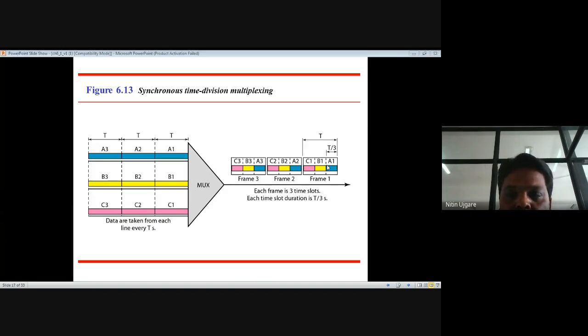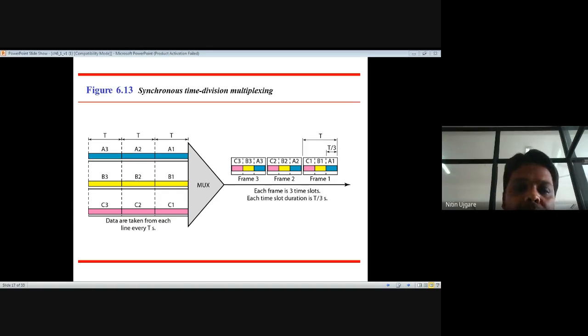Each slot in the output occupies t by 3 of the time. A unit of measurement can be 1 bit, 1 character, or 1 block of data. So each input unit becomes 1 output unit and occupies 1 output time slot.